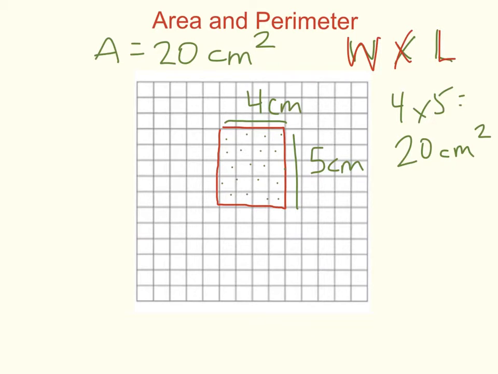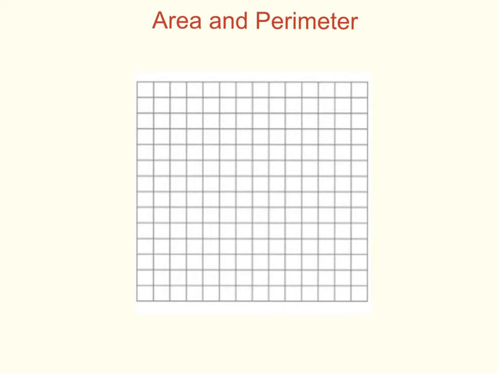Let's try another example together. Alright, here's a rectangle I'm going to draw for you. I'm going to make it even bigger. Ooh, getting pretty big. Okay, so to find the area, remember area is how much space is inside a two-dimensional object.